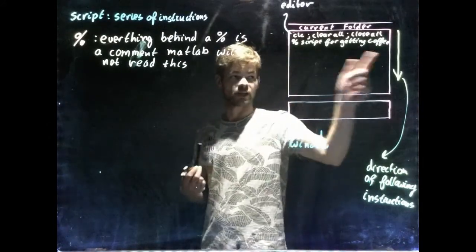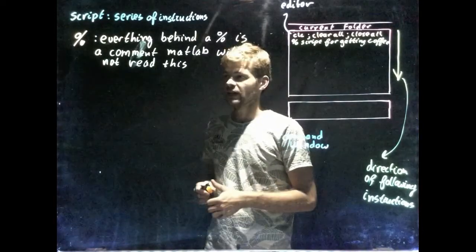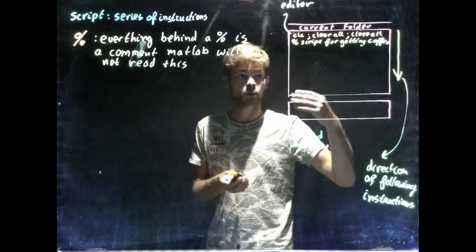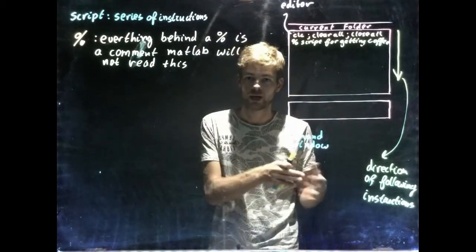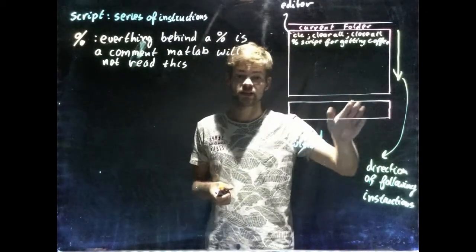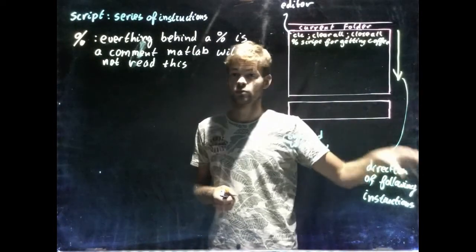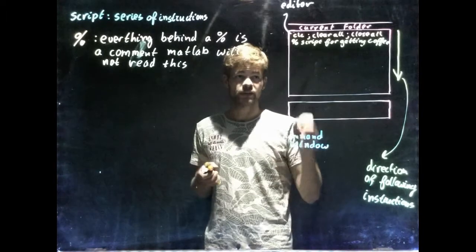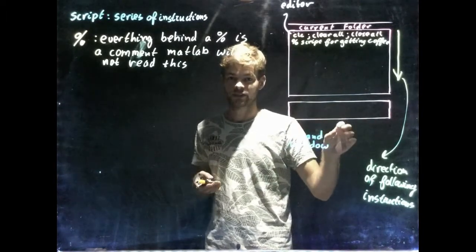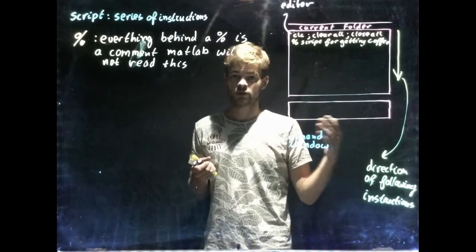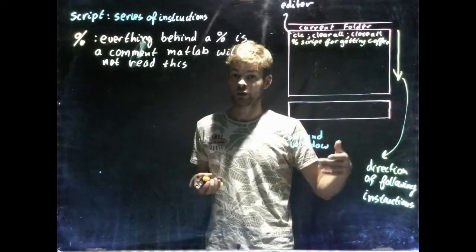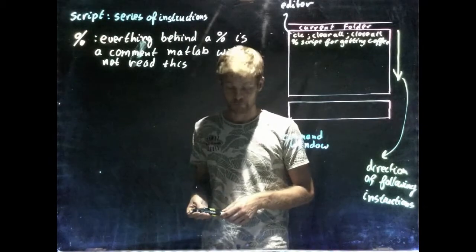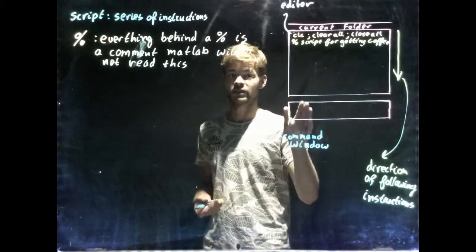So, script for making coffee, MATLAB will not read it. That's very useful because now I can leave my notes, whatever I think, why I made some variable, why I did something. I can explain it for someone else who has to use my script. It's very good practice to always add these comments, so the next time you use this script, you know why you actually did some things, and you don't have to figure it out again. And believe me, that's what will happen if you don't insert these comments.